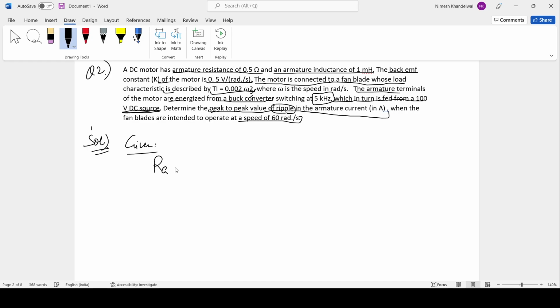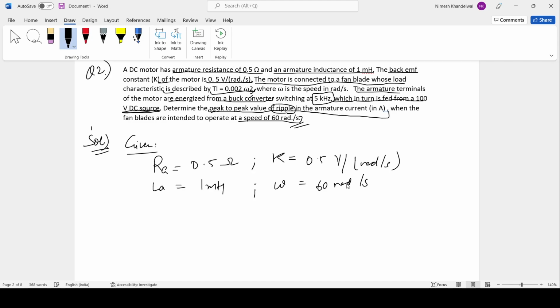So we have been given armature resistance as 0.5 ohm. We have been given armature inductance as 1 millihenry. Okay, and the back EMF constant, that is 0.5 volt per radian per second. And you have been given the operating speed of 60 radian per second.